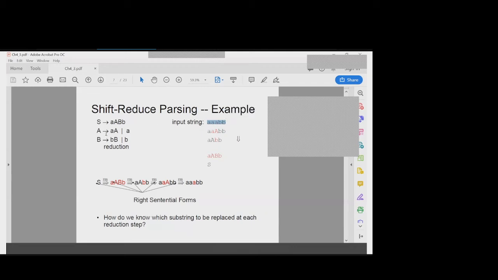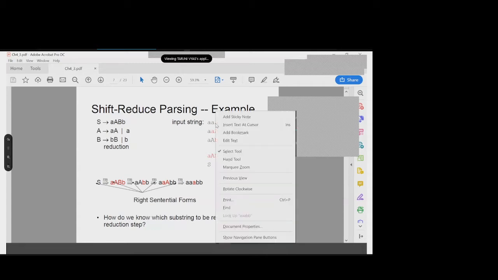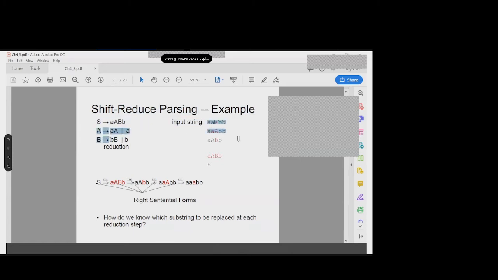Okay. So now you have to see that this is a string, so you have to start from here, right? Can you see this red color? So there are 2 things here, okay? Whether to reduce this a to this production, right?